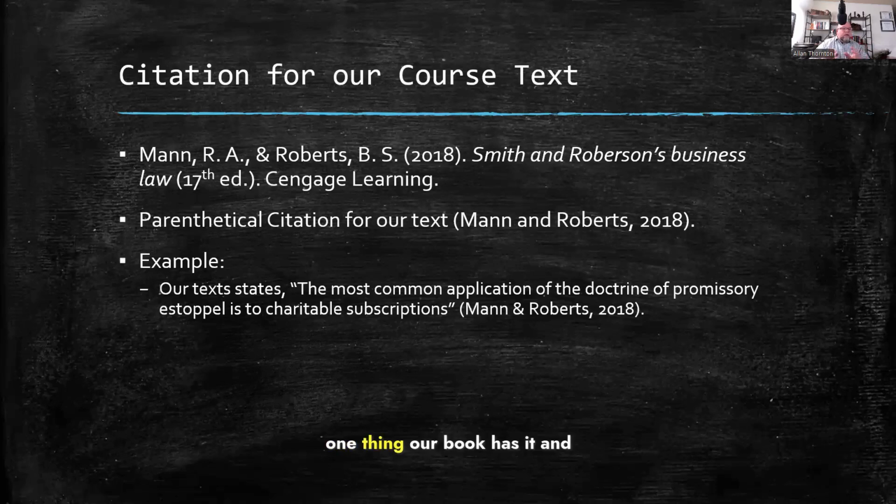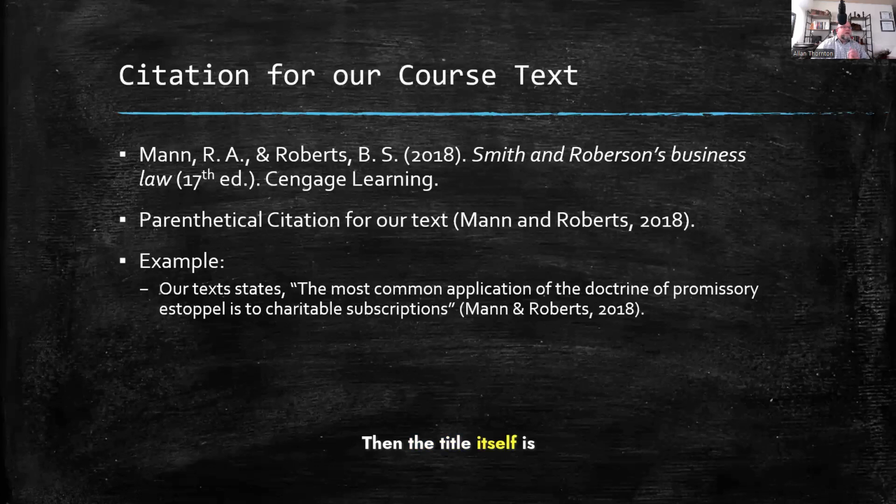Now, one thing our book has, and several other books will, you may see more than one date. If you see more than one date in the copyright, use the most recent date. That book itself had a copyright of 2018. There may have been a version of it in 2015, and then it was put back out in 2018, and that's when you're looking for that copyright.